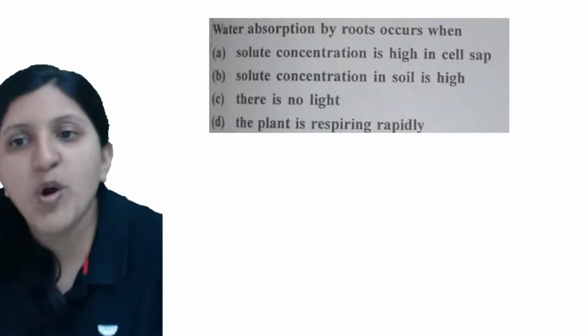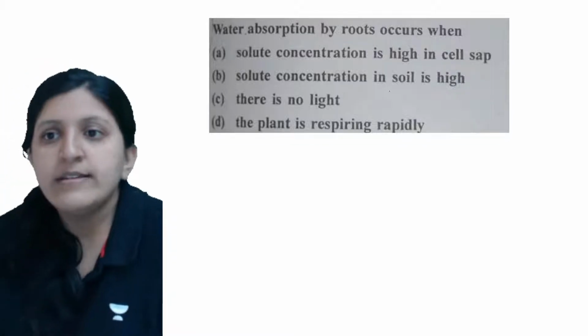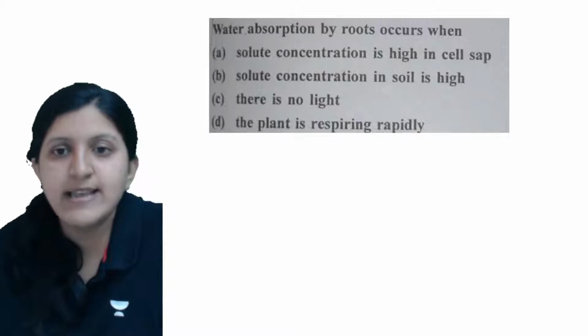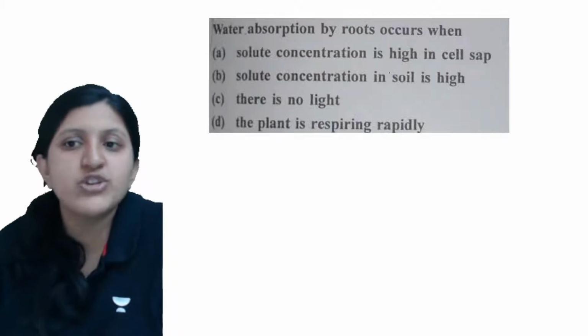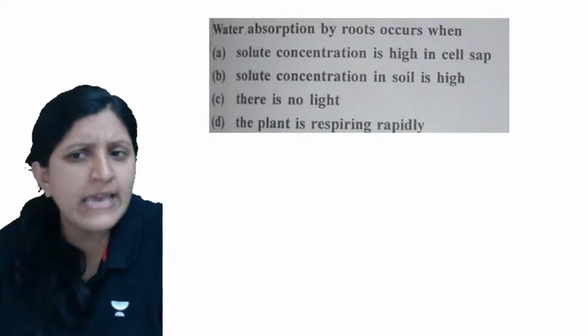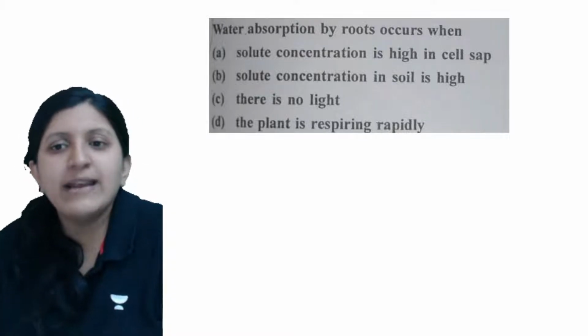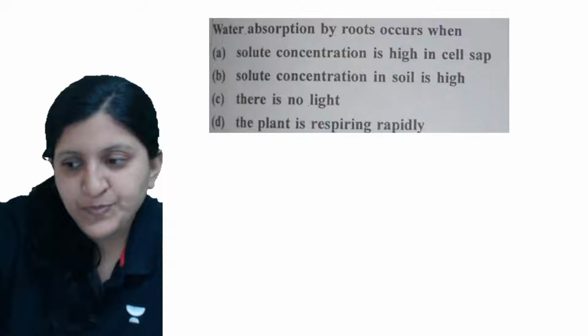Now, water absorption by roots occurs when: solute concentration is high in cell sap, solute concentration is high in soil, there is no light, or the plant is respiring rapidly.